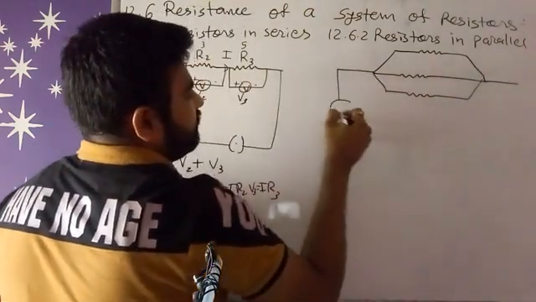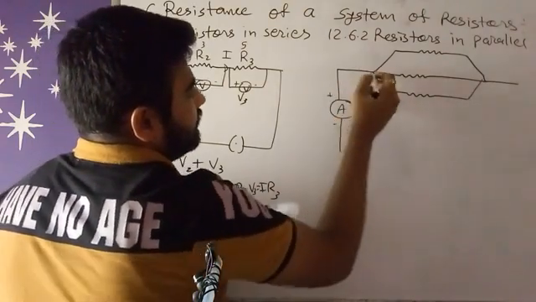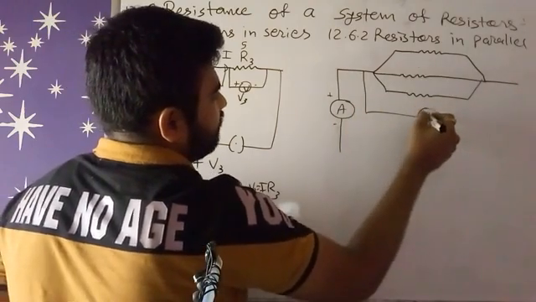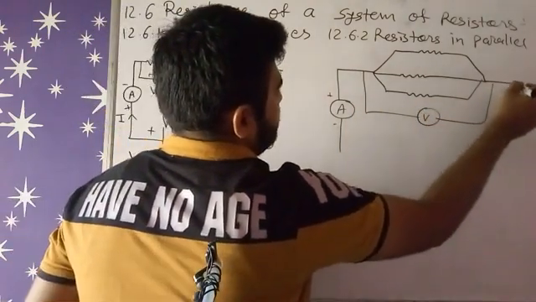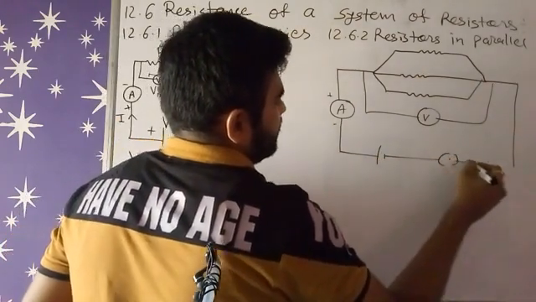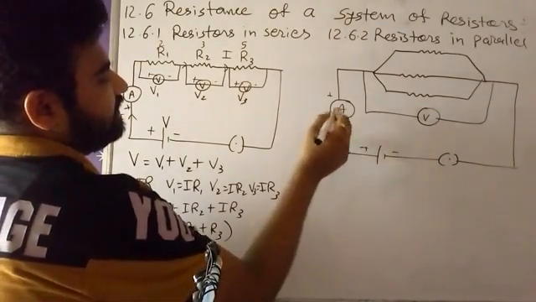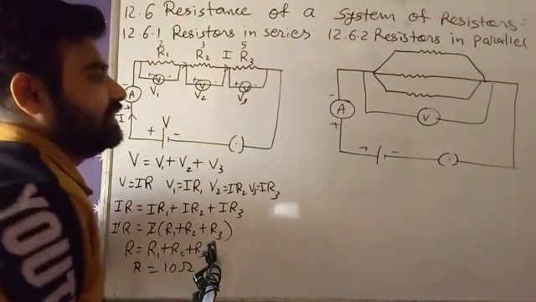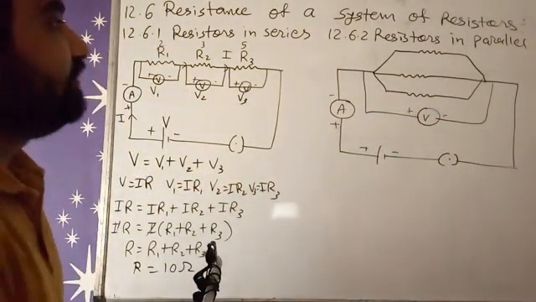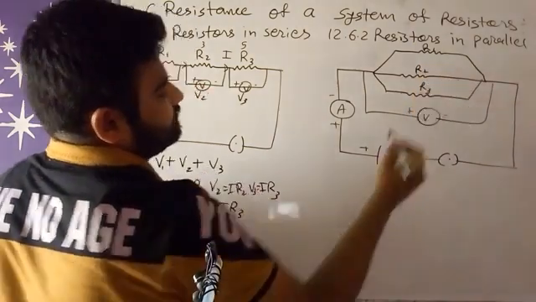This is the emitter, and with all the resistances we have to connect a voltmeter in parallel, and then a battery, and then one key, positive, negative. So this will be positive, this will be negative, right? Similarly, R1, R2 and R3.